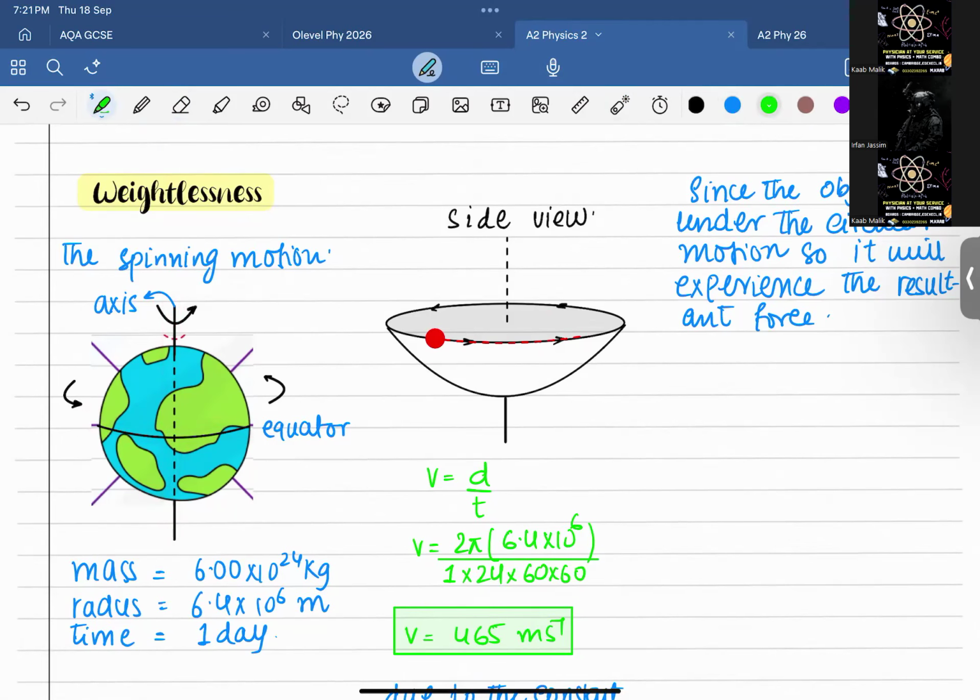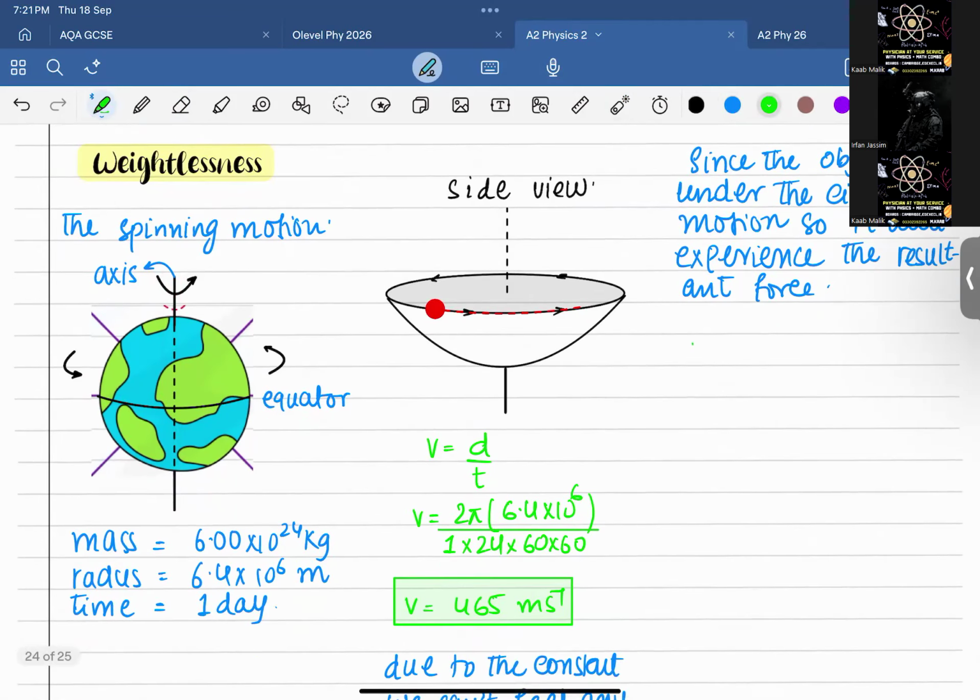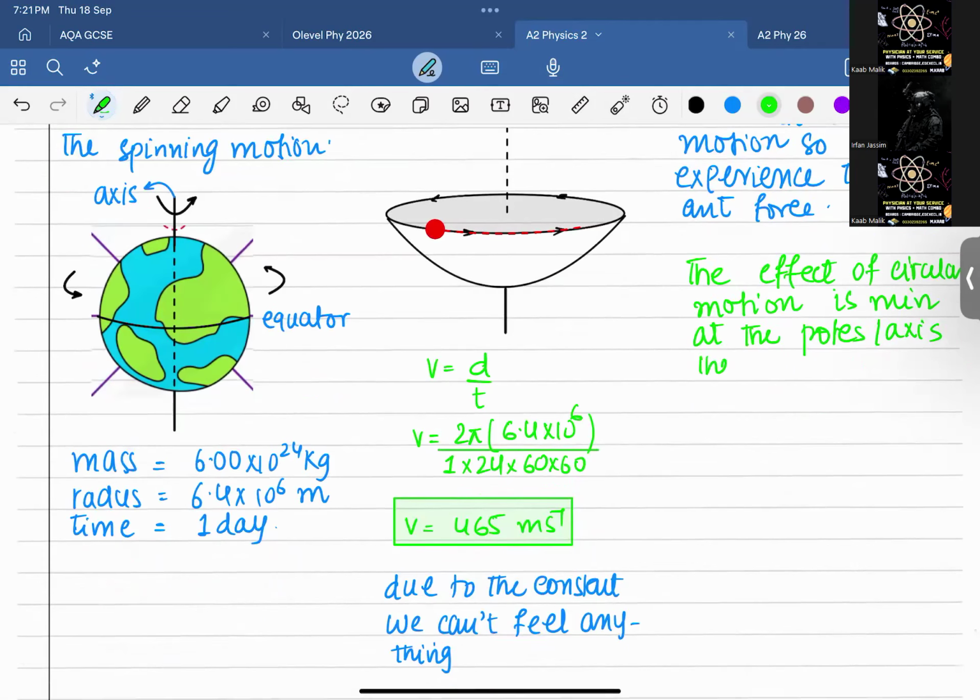So the effect of circular motion is minimum at the poles, or at the axis, than at the equator.